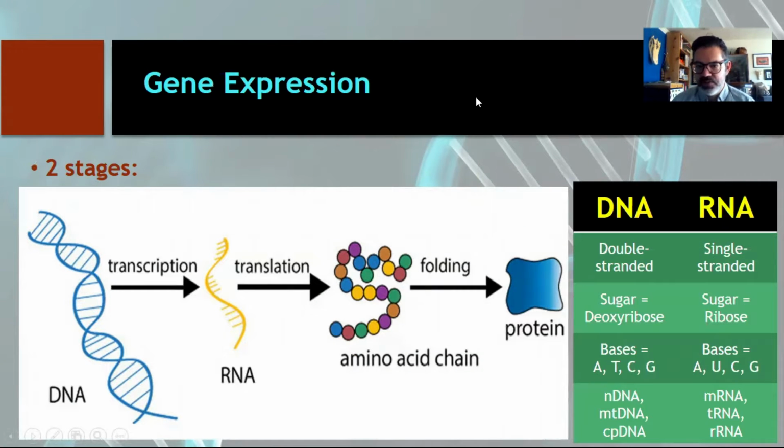How do we make proteins? There are two different stages. First of all, the DNA that is composed of genes has to go through a process of transcription where it creates an intermediate called RNA, and then that RNA gets translated through a second step into a polypeptide, which is a string of amino acids.